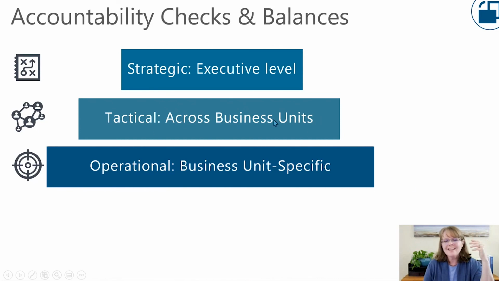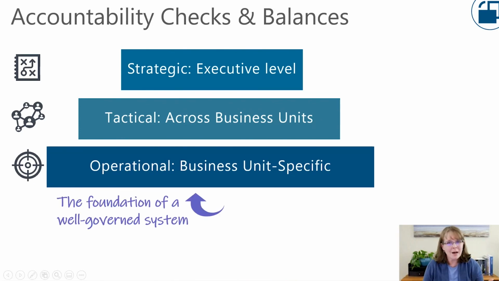And then we've got the tactical level in the middle. These are groups that span business units. And then we've got the executive level at the top. The largest number of people are at this operational level at the bottom. And in a self-service BI world, they have a lot of power.